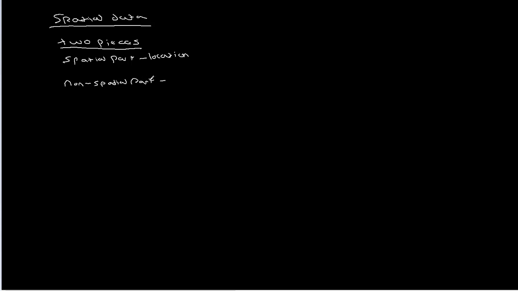So non-spatial data is going to be the things that maybe we want to know about that location that aren't spatial in and of themselves. And these are going to usually take the form of attributes. You can think of these as just data, right? Information about the location.